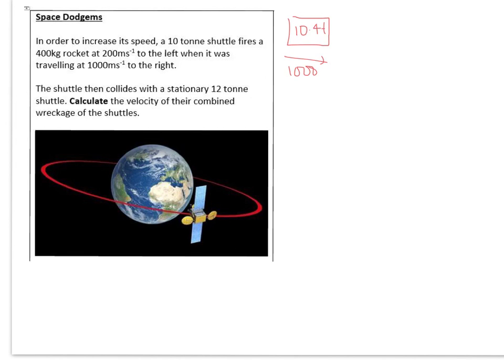And that transfers into our 400 kilogram rocket going at 200 to the left, and we've got our 10-ton shuttle travelling at V. So if the total momentum is the same, we can see that V is going to be greater than 1,000 here, but let's work through it.